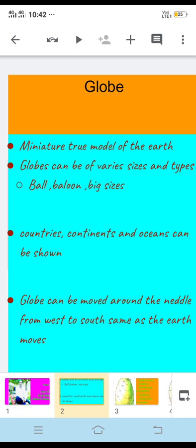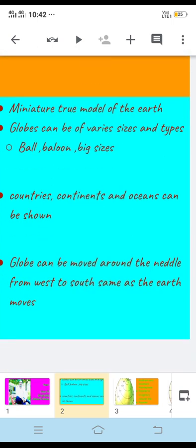So we can say the equator represents 0 degree latitude, since the distance from the equator to either of the poles is 1/4 of a circle round the earth. It will measure 1/4 of 360 degrees, that is 90 degrees. I hope this is clear.